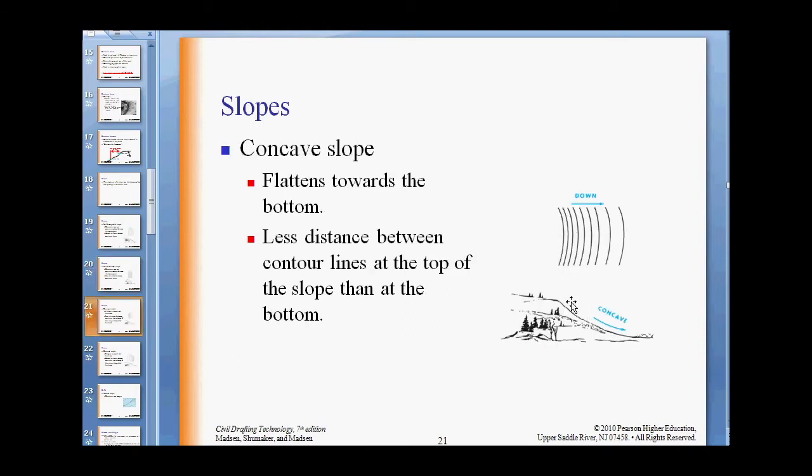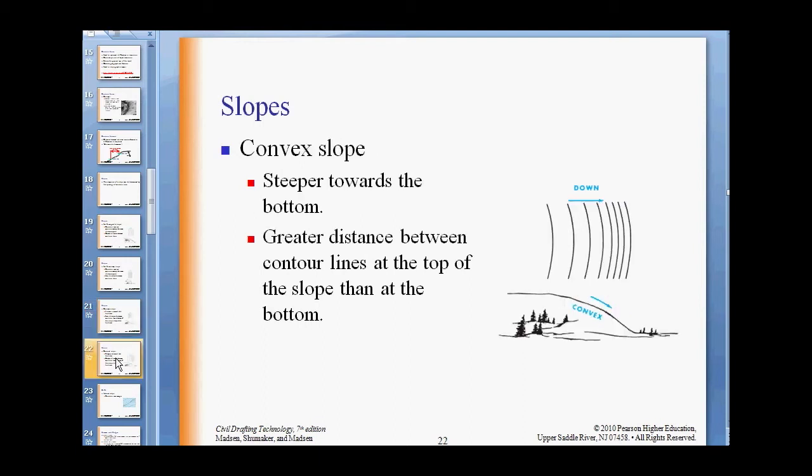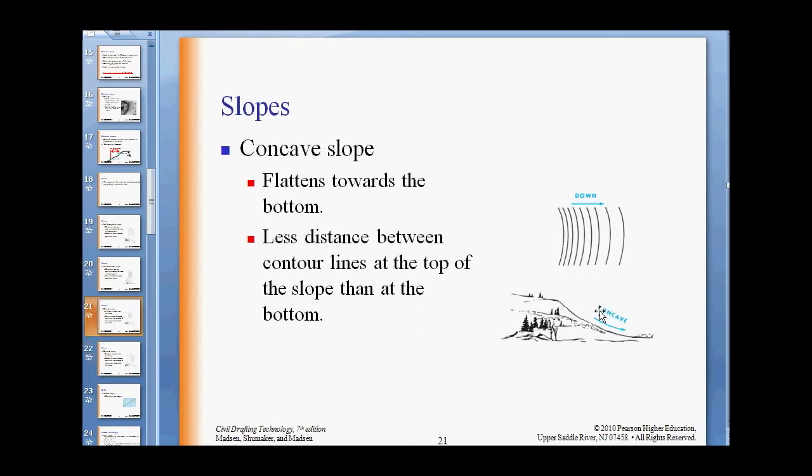If you have a convex hill, similar to what the La Conchita slide did, it will be steep on the top and then shallower as you approach the bottom. Concave will be the direct opposite: shallower on the top and mellow, and then steeper on the bottom. This usually represents natural wear, and then it all just kind of comes down here. Whereas this concave could be because of a slope failure.